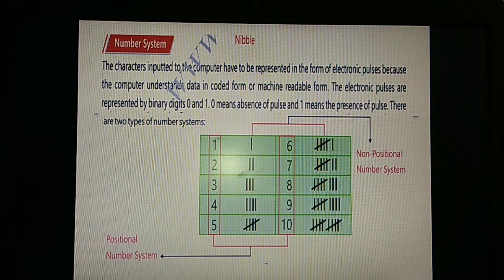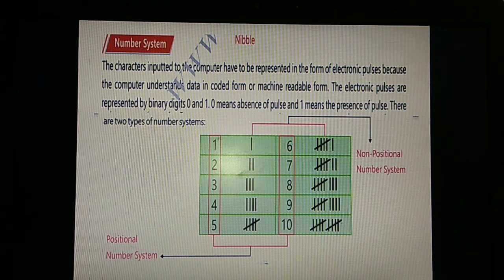These electronic pulses are represented by binary digits, zeros and ones. Zero means absence of pulse, that is off, and 1 means presence of pulse, that is on.